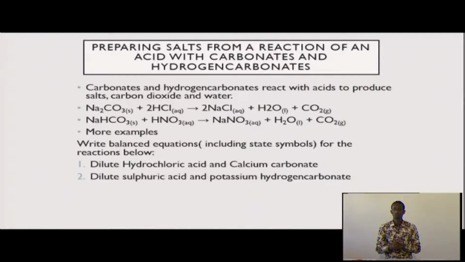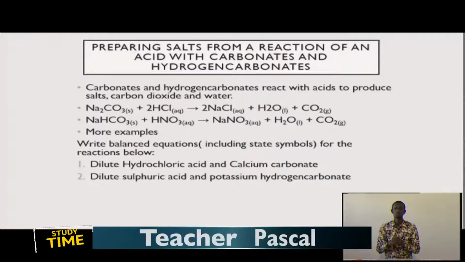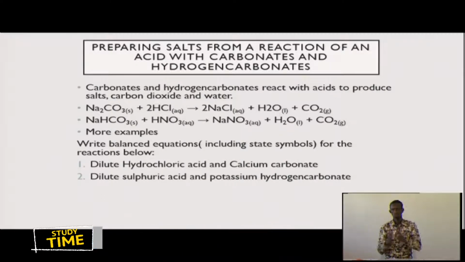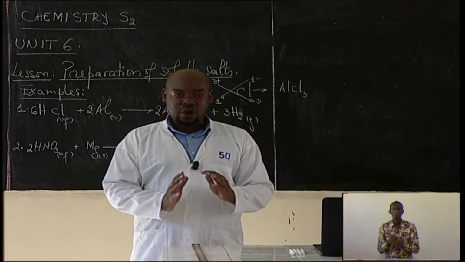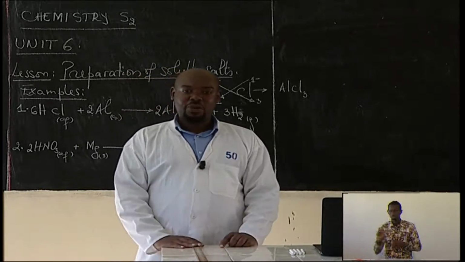Writing the balanced equation is the same as what we did for the first method of preparing these salts. Write balanced equations, including state symbols, for the reactions below. Number 1: dilute hydrochloric acid and calcium carbonate. Here it is very important to remind you that you should know how to write molecular formulas.